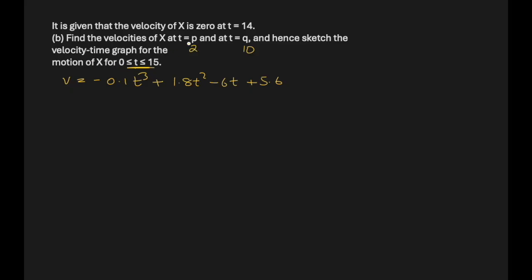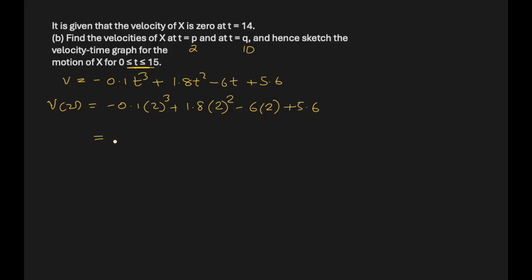So find the velocity at t equal to 2. That's what it's saying. So velocity at 2 will be minus 0.1 times 2 cube plus 1.8 times 2 square minus 6 times 2 plus 5.6.